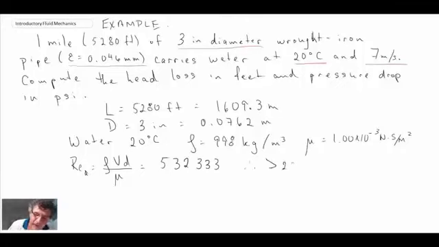Therefore that's greater than 2300, and we have turbulent flow. So what does that mean? That means that when we do our pressure drop calculations, we have to use the friction factor for turbulent flow. There are a number of different ways that we can go about doing that. Before we get into that, let's look at the roughness.